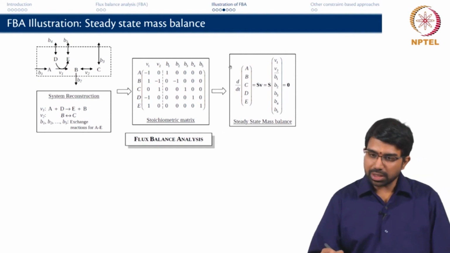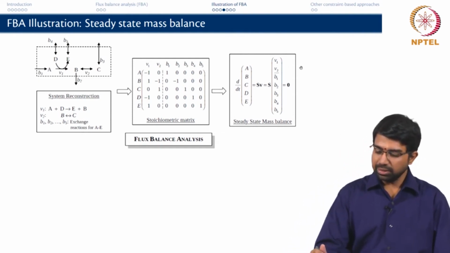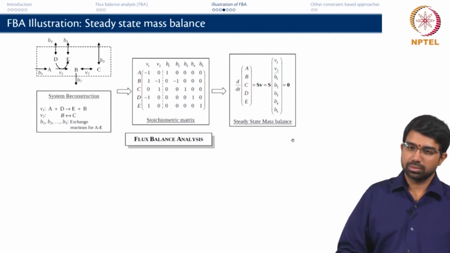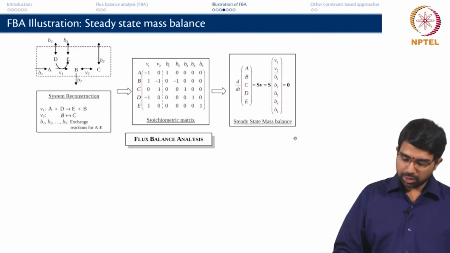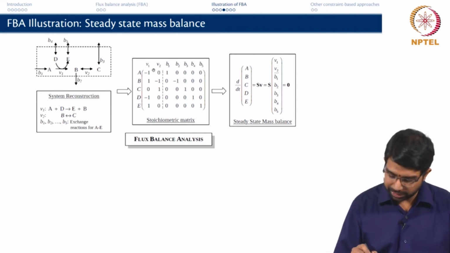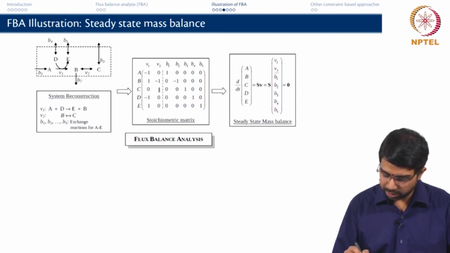right. So, now you set up this equation dx by dt equals SV and you say SV equals 0. So, now you have to solve the system of equations which basically reads minus V1 plus B1 equal to 0, V1 minus B2 equals 0, V2 plus B3 equals 0, minus V1 plus B4 equals 0, and so on.